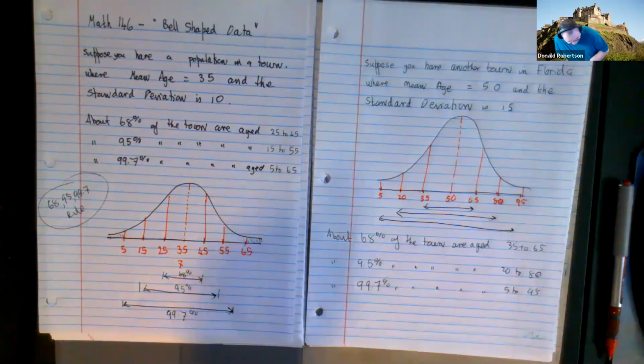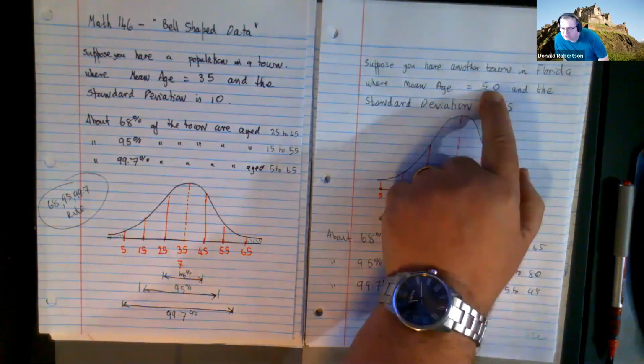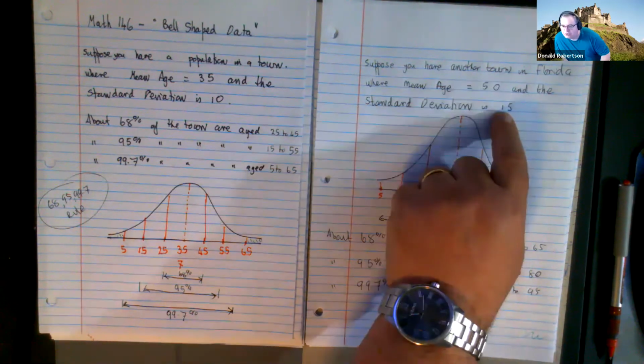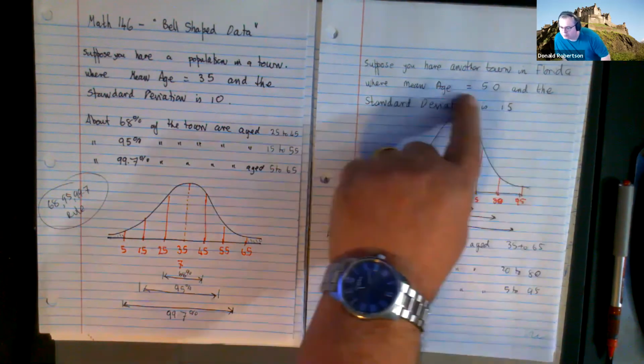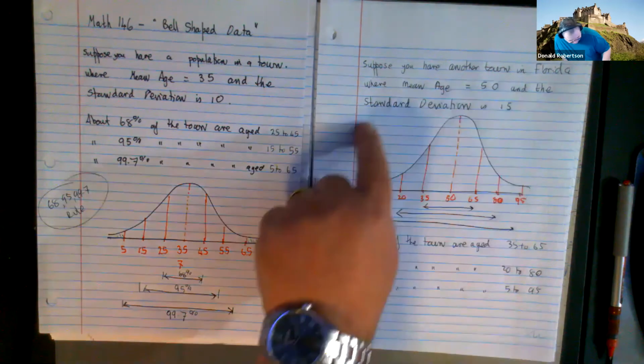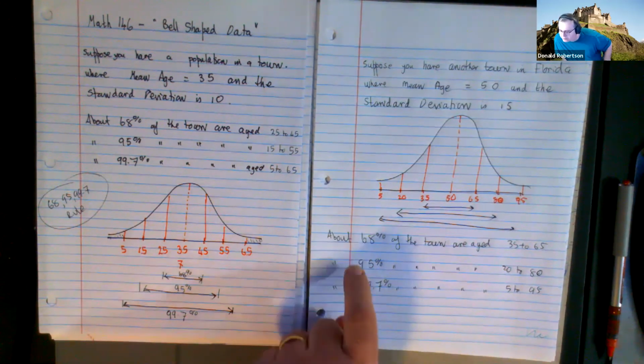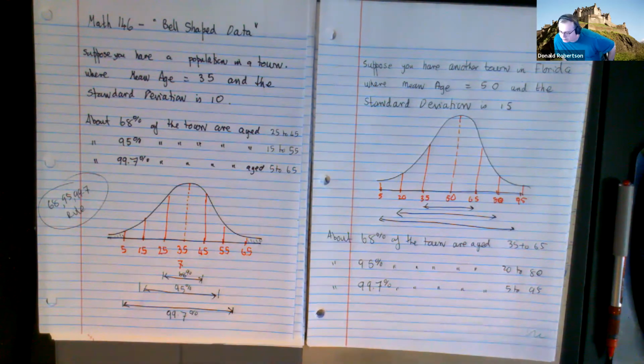Do you feel comfortable if I told you a story about a place and I said the mean was 50 and the standard deviation was 15, or any mean or any standard deviation? Do you feel comfortable you could create this bell-shaped picture and you could answer the 68, 95, 99.7? Do you feel comfortable about that type of question?